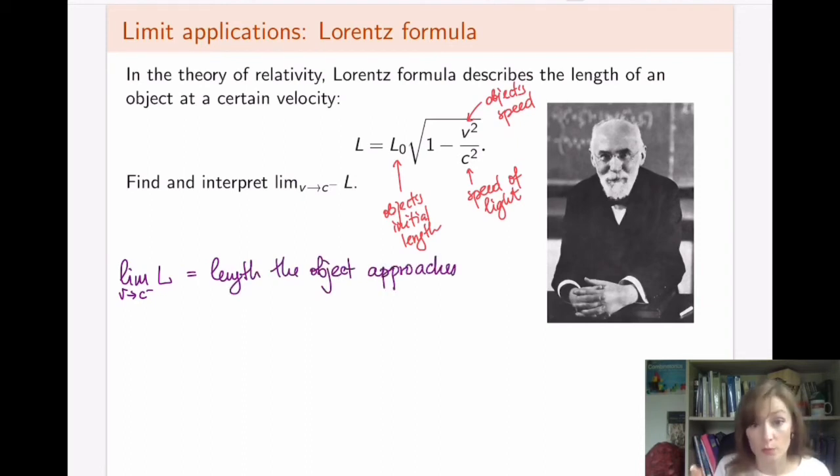That's what we're trying to compute, the length that the object actually approaches as, and then where are we computing it at? We're computing it as velocity approaches the speed of light, and it's important to note here that it's approaching the speed of light from the left. So my object, my car, let's say, accelerates toward the speed of light, not decelerates towards it, okay? So the length of an object, we're computing the length the object approaches as its speed approaches the speed of light.